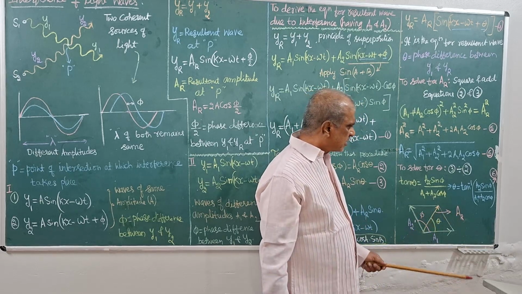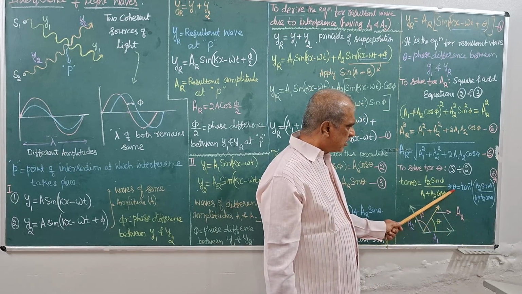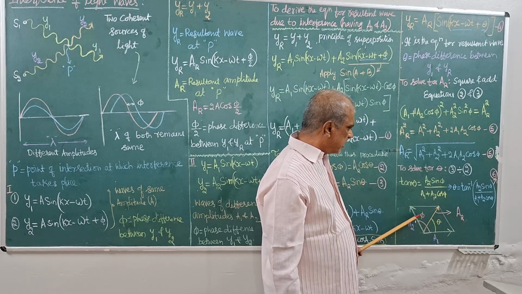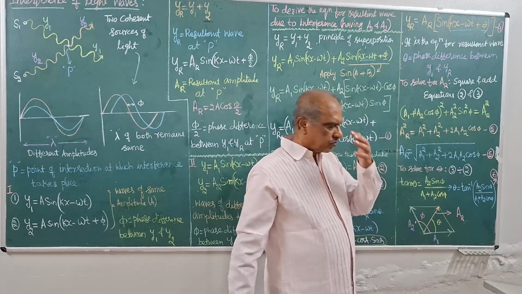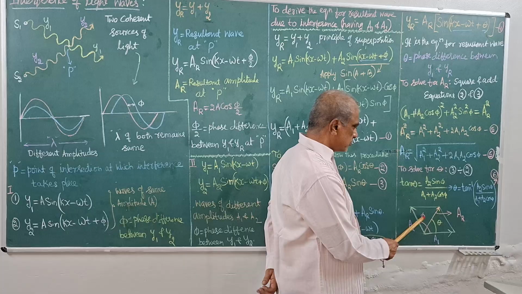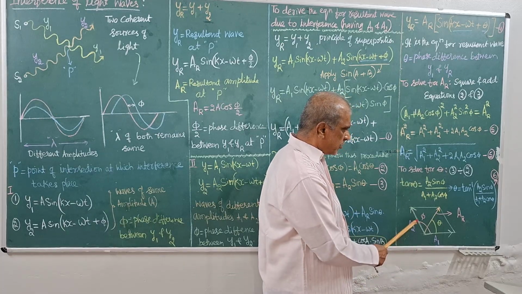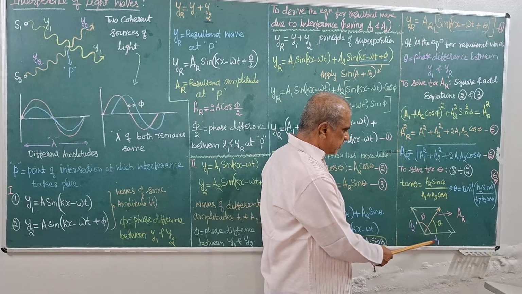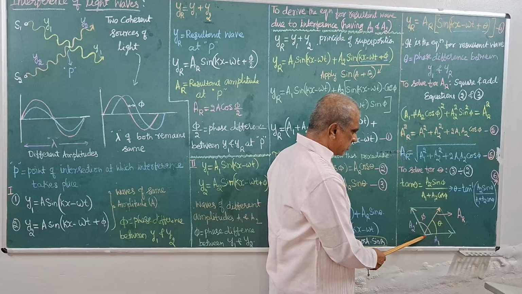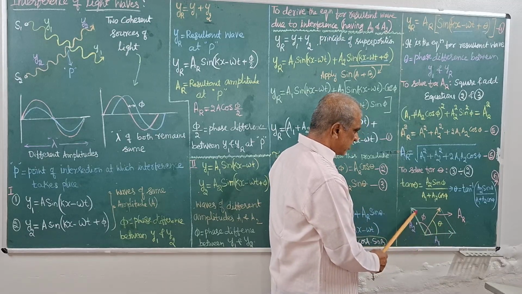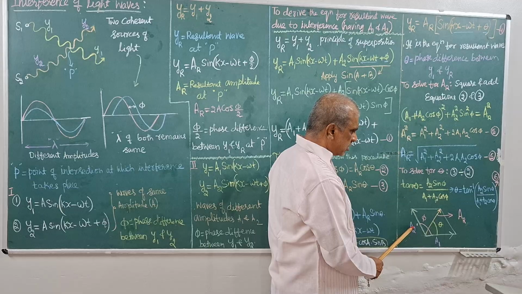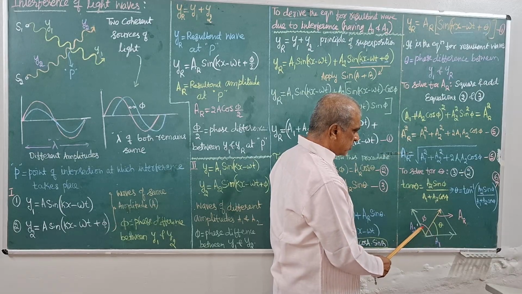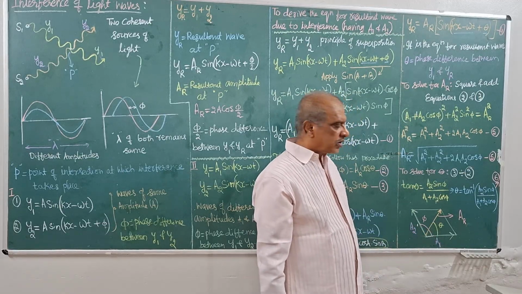Now the geometrical representation of theta and phi. If this is A1 and A2, the amplitudes of the first and second waves are vectors. The addition of these two vectors follows the law of parallelogram.